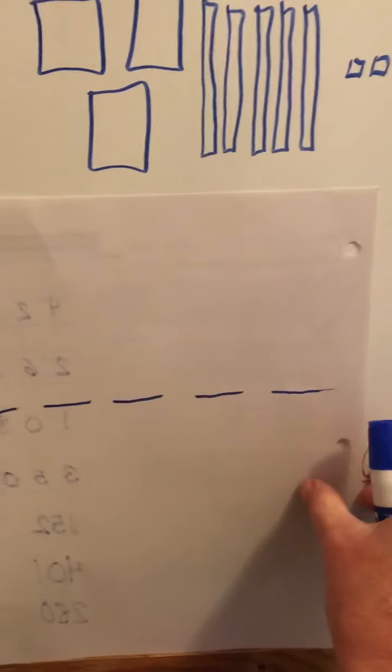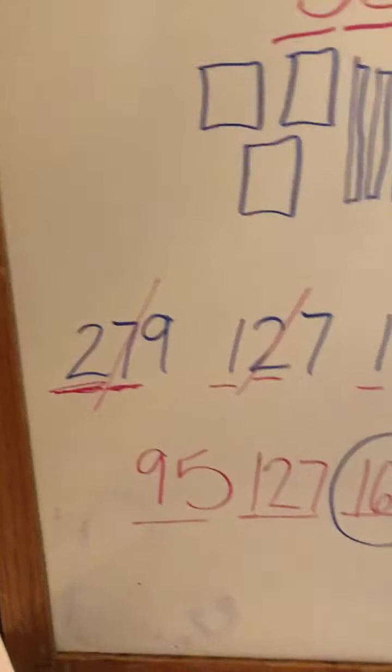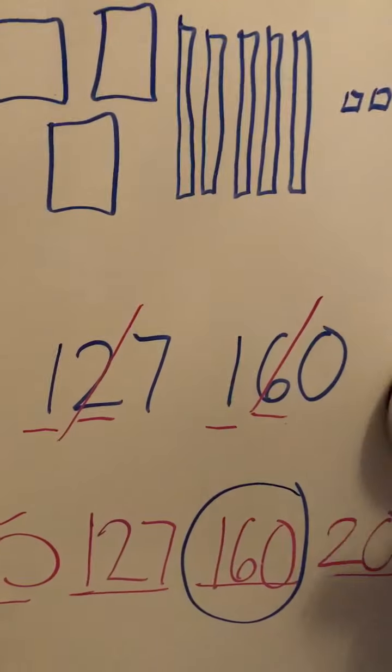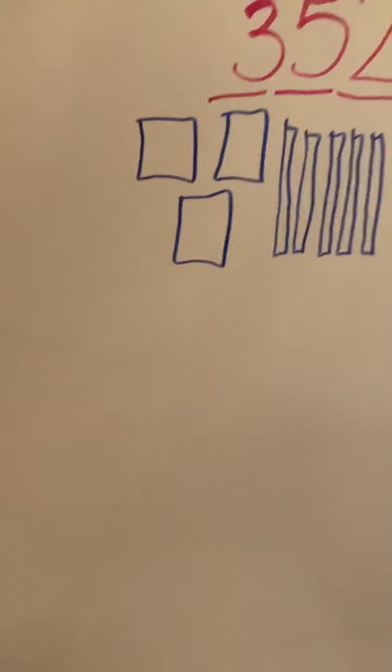Okay, you can just put that paper down in front of you. I'm going to give you 5 numbers. And I want you to put them in order from least to greatest. 5 different numbers than the ones we just did. And remember, we are looking at that hundreds place first of all.